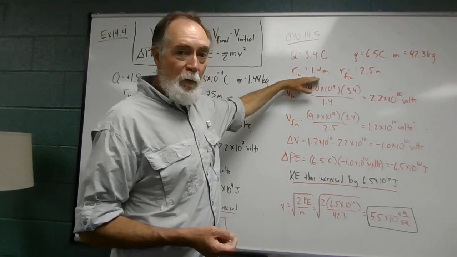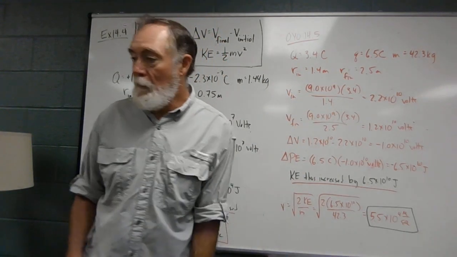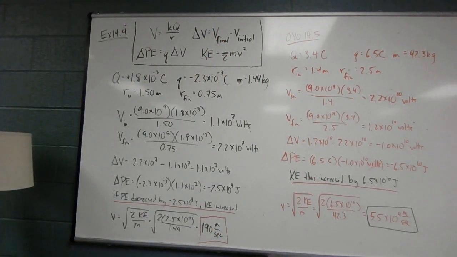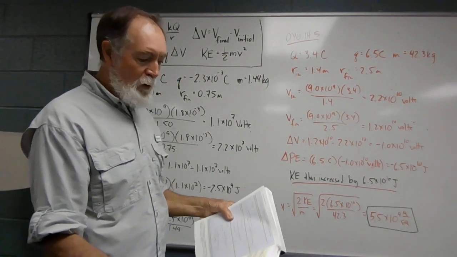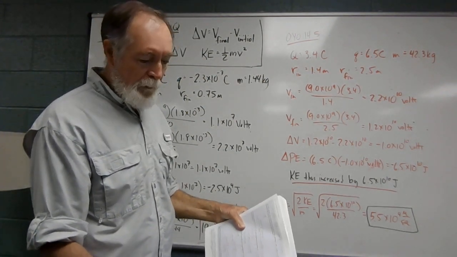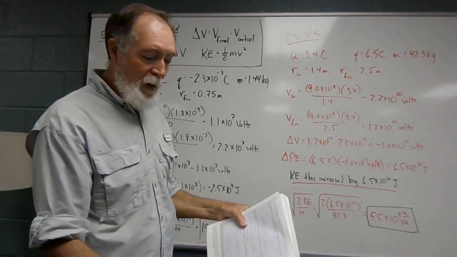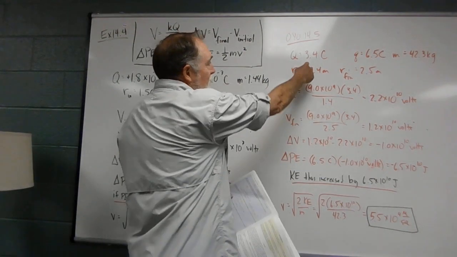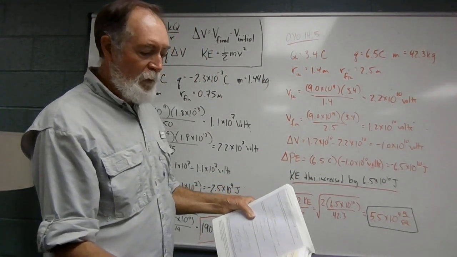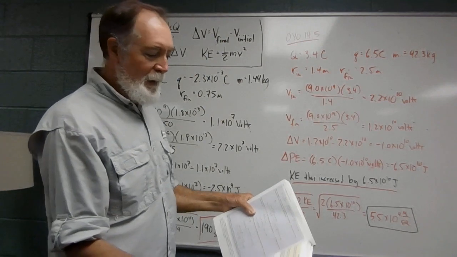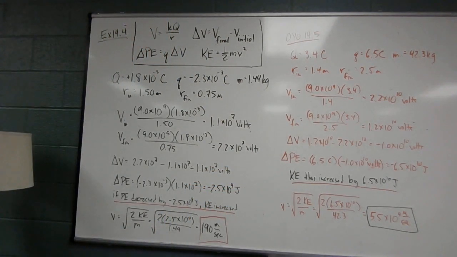Initially, they're 1.4 meters apart, and evidently they're moving apart. The actual wording is we have a 6.5 coulomb charged particle of mass 42.3 kilograms placed 1.4 meters away from the stationary charge. If it starts from rest, how fast will the particle be traveling when it is 2.5 meters away from the stationary charge?